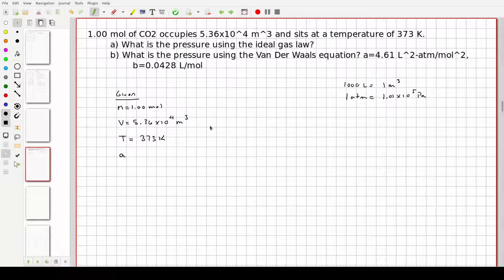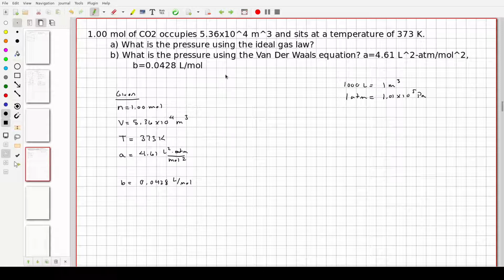A, which is one of our constants here, is 4.61 liters squared atmospheres divided by mole squared, and B is equal to 0.0428 liters per mole. Now we're going to need to convert these here.